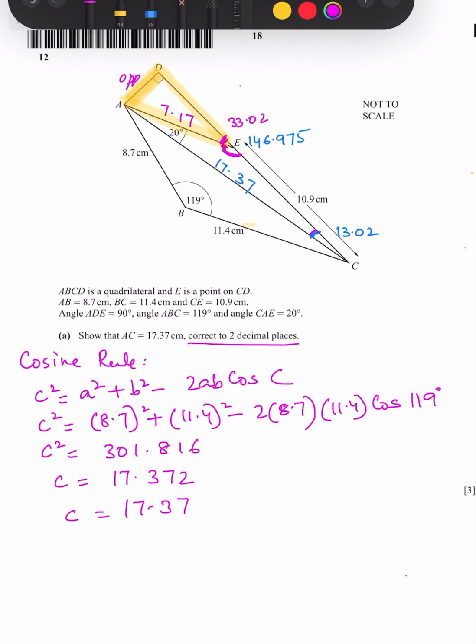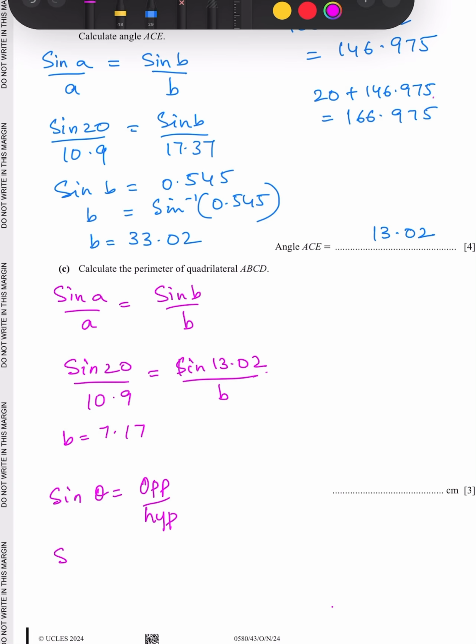Sine 33.02 is equal to opposite, which we have to find out, over the hypotenuse 7.17. Sine 33.02 multiplied by 7.17. So this side is equal to 3.907.